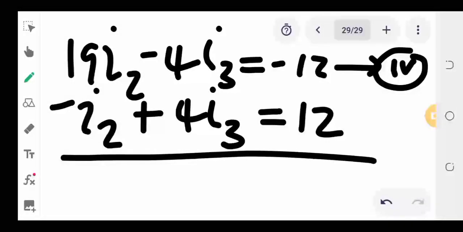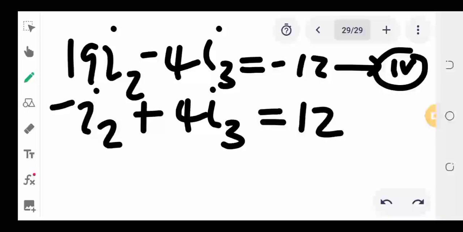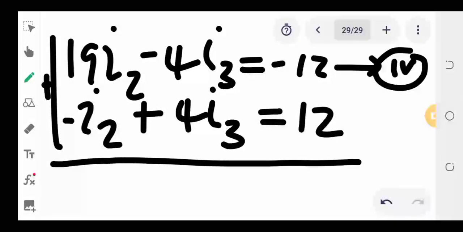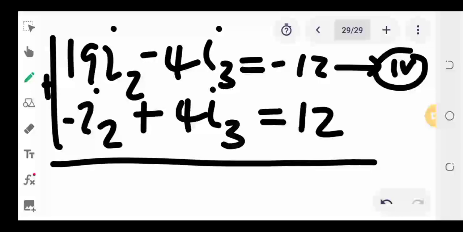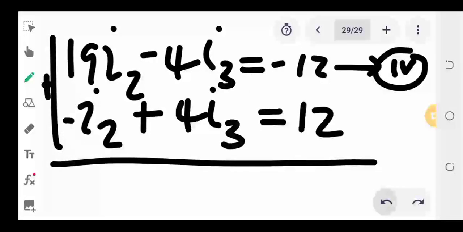By applying the elimination method, here I need to add. I have 19 I2 plus negative I2, so I am getting 18 I2.